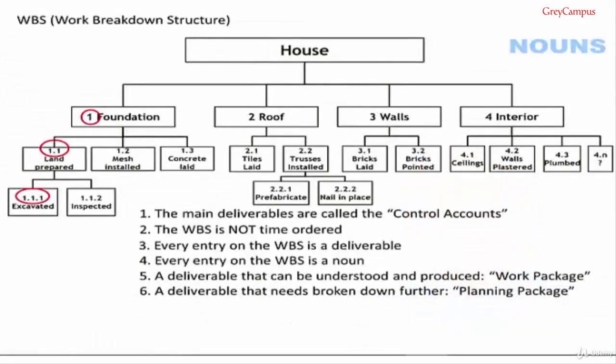But first I will tell you some more strange words. The numbering system used on the work breakdown structure is called, can you guess? It's called the Code of Accounts. So if you know anything about financial accounting, you may be thinking that Code of Accounts sounds very like Chart of Accounts in the general ledger.